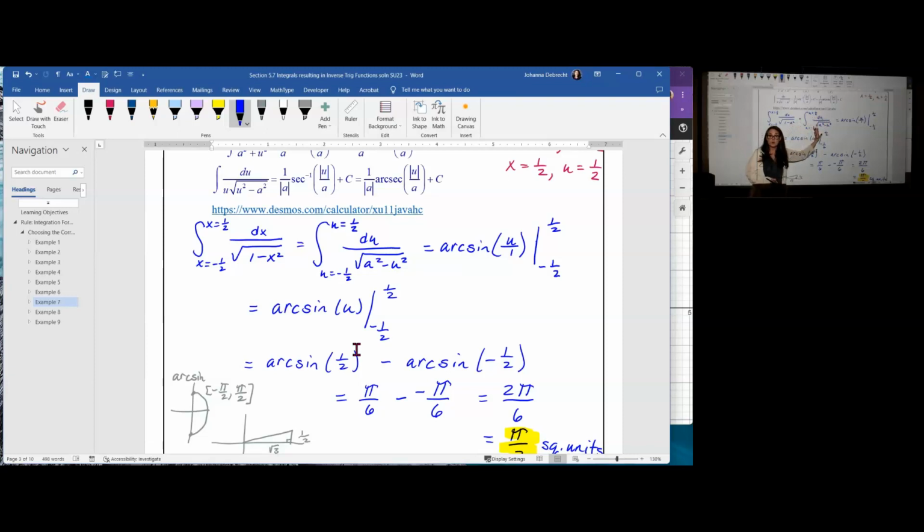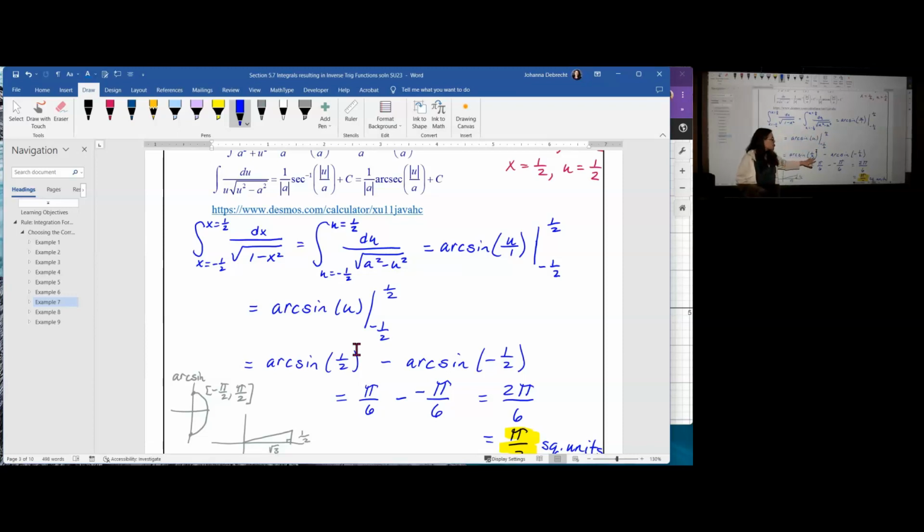That means we don't want to back substitute and replace u with x. We want it to stay in terms of u so that I can substitute in the u limits of integration. Make sure you don't switch back to x and then use u values, because they're not always going to be the same. In this case, this gives me arcsine of u between negative 1/2 and 1/2, the u values.